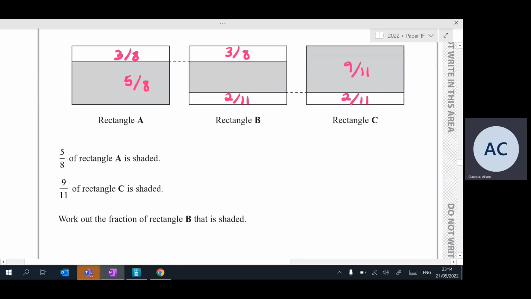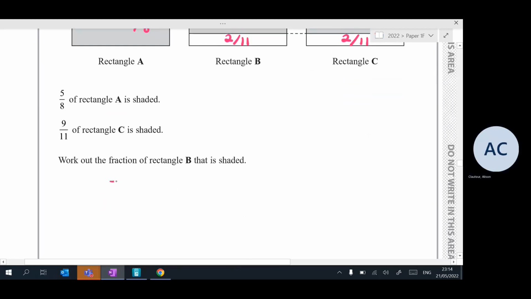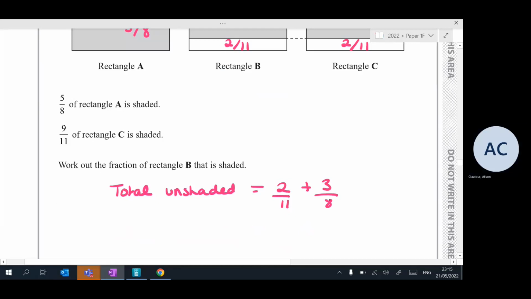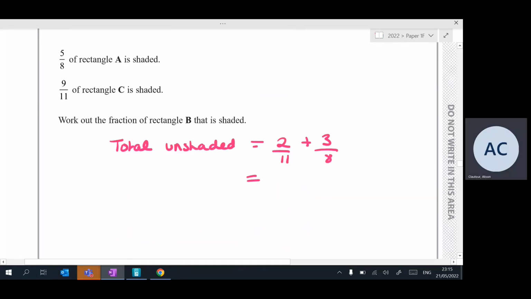So I'm going to add up my total unshaded. So I'm going to do 2/11, and I'm going to add my 3/8. Remember, for fractions, if you're adding, you want to have a common denominator.